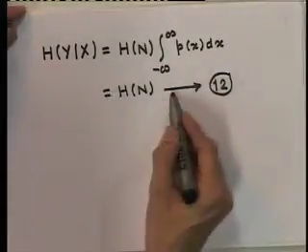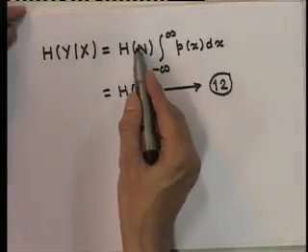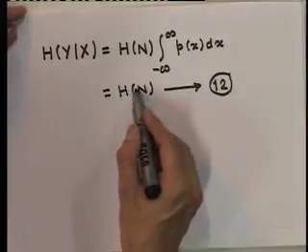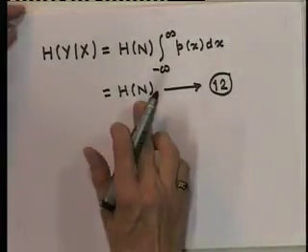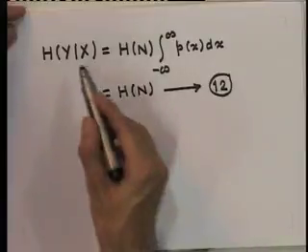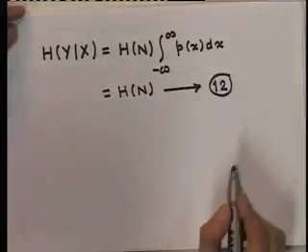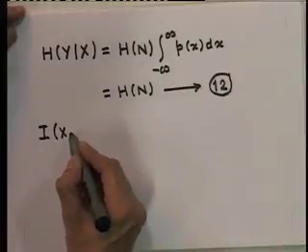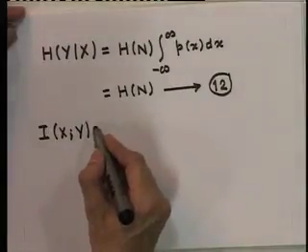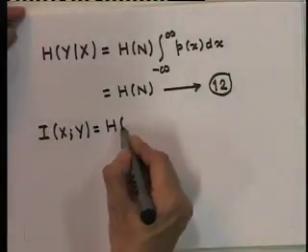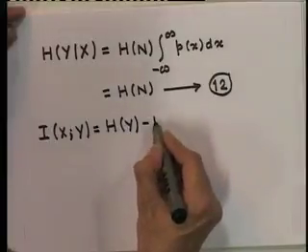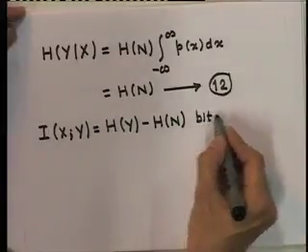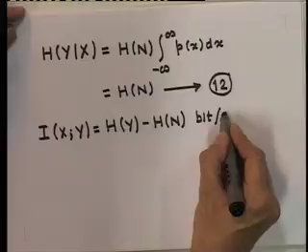In deriving equation 12, we made no assumptions about the noise. Hence, equation 12 is very general and applies to all types of noise. The only condition is that the noise disturbs the channel in an additive manner. Thus, we can write the mutual information between x and y as h(y) minus h(n) bits per sample.